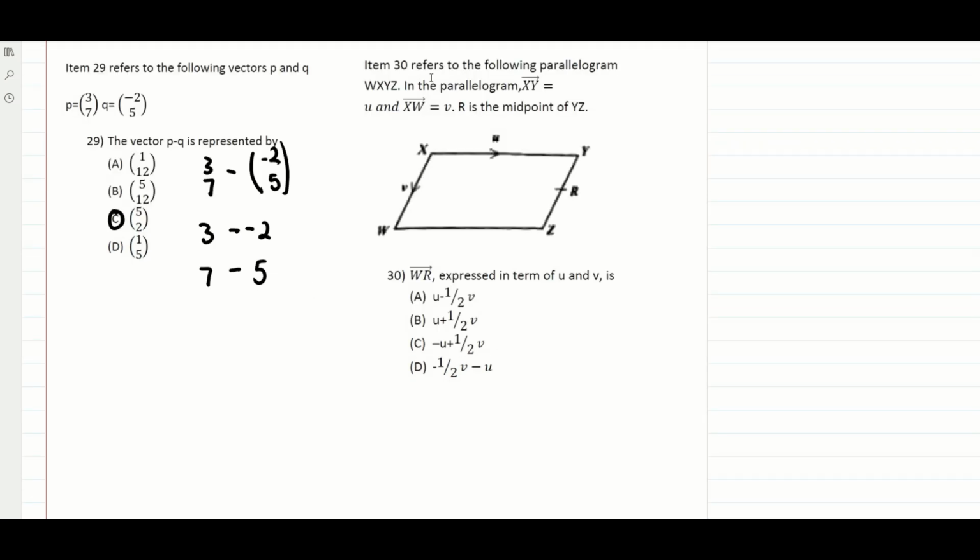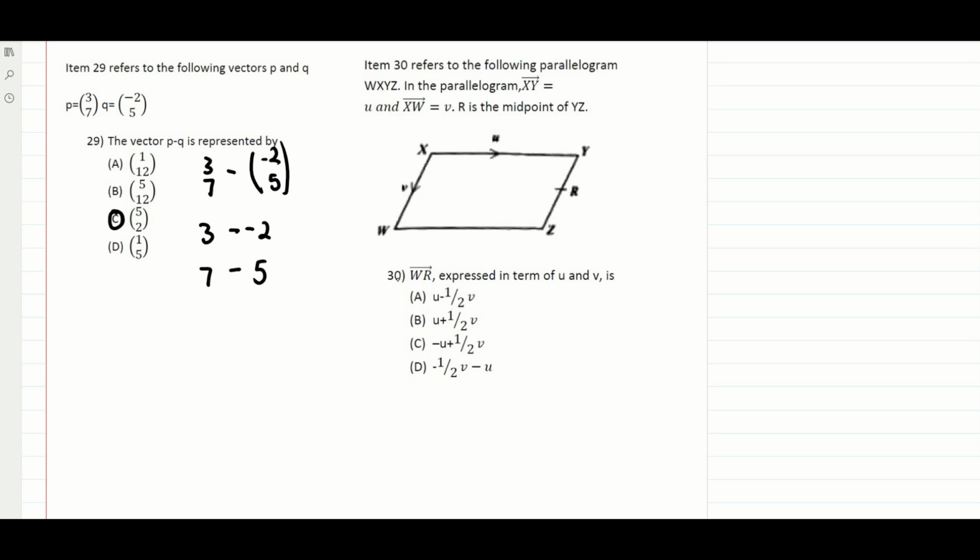This one here, item 30, refers to the following parallelogram. In the diagram, xy is equal to u, xw is equal to v, r is the midpoint of xc.